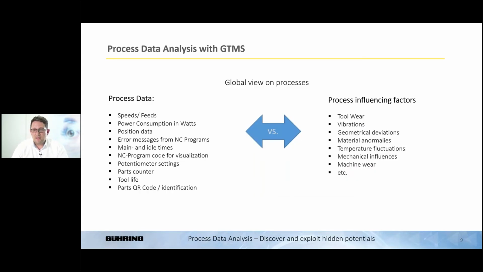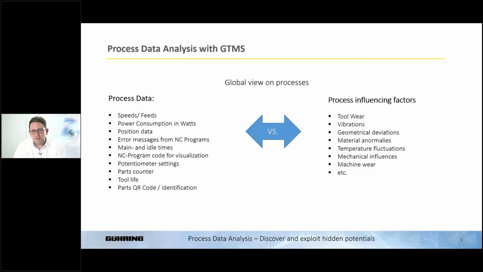On the next slide, I would like to show you the relation between, on the one hand, the process data, and on the other hand, the process influencing factors like tool wear, vibrations, geometrical deviations, material anomalies, temperature fluctuations, and so on. This is what we call the global view on the process, because we have a lot of process data which is influencing our process factors.